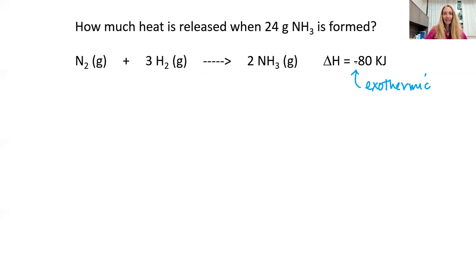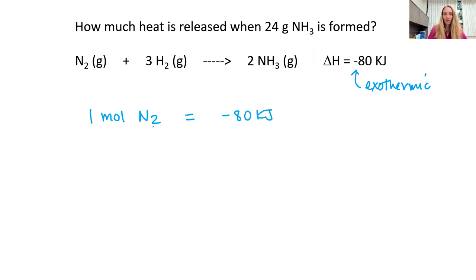Because of the way this is written, we have this balanced equation, right? And our delta H means that if we use 1 mole of N2 and excess H2, it's going to produce negative 80 kilojoules of heat. And so we can use this equation and our delta H values with stoichiometry.